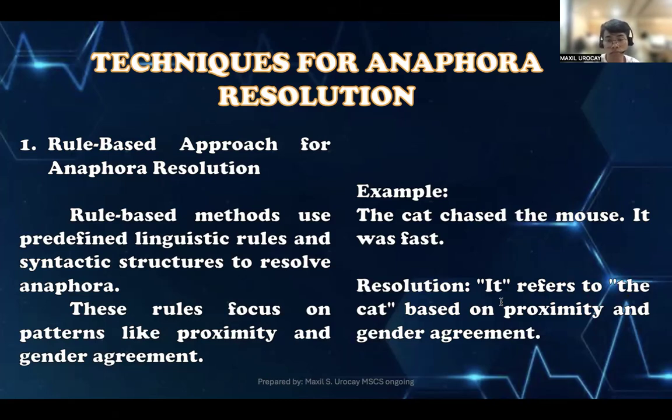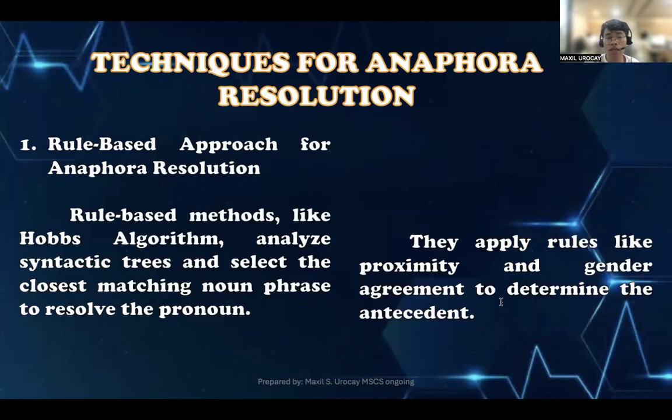So in a rule-based method like the Hobbs algorithm, as I have mentioned, it works on the trees and selects the closest matching noun phrase to resolve the pronoun. So they are applying rules like proximity and gender agreement to determine the antecedent. That means to say, here it will be simple.